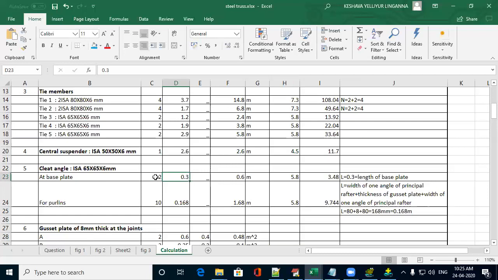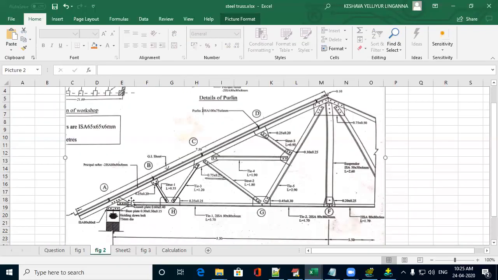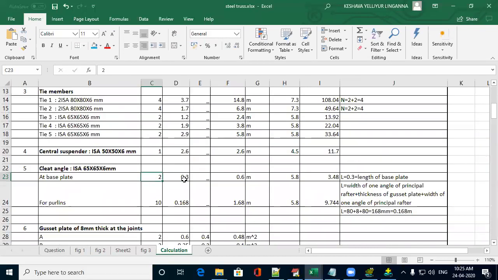For one truss, there will be two cleat angles since there are two base plates. Here, one base plate has a corresponding cleat angle, one number, and similarly on the other side. So the number will be 2 and the length will be 0.3. If you multiply, you will get this. And this is the same as for 65 by 65 by 6. It is given in the question. It is 5.8 kg per meter. So if you multiply these two, you will get this one.